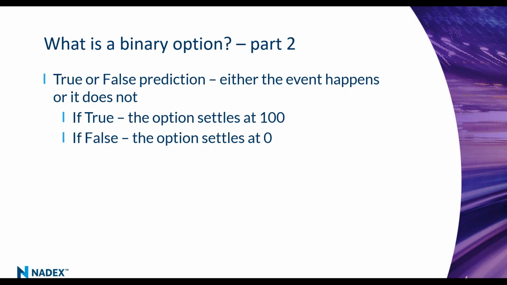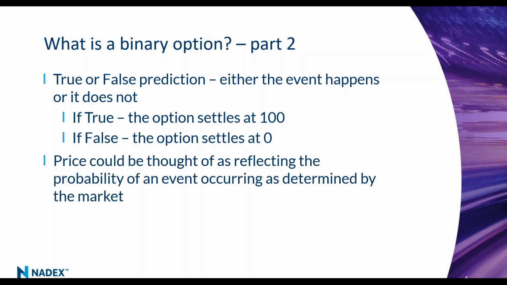If it doesn't happen, the price of that option will go to 0. That's why it's binary. It's all or nothing. In the end, it either goes to 100, the statement is true, or it goes to 0, the statement is false. Okay? And that's the simplicity of these in a nutshell. Binary, and that's why it's called a binary. It can be one of 2 things.